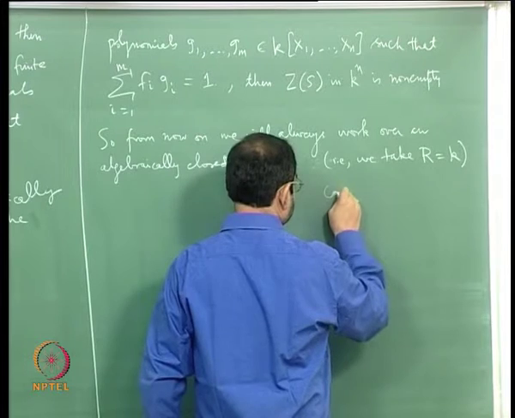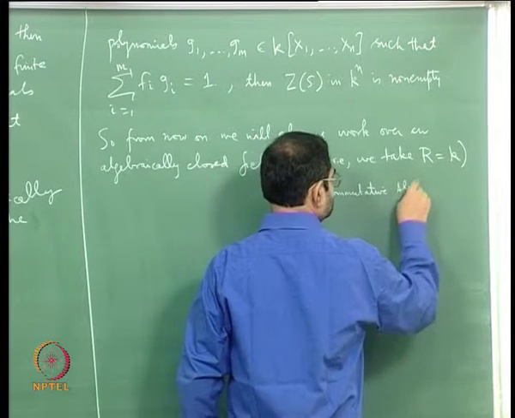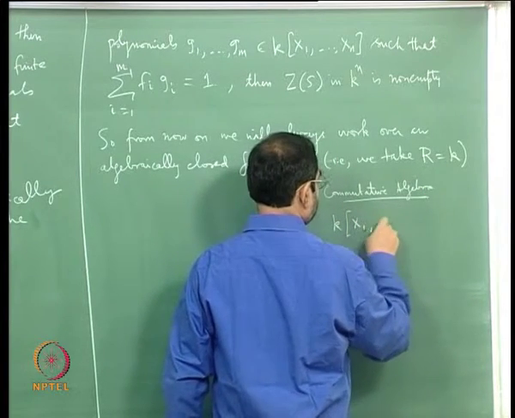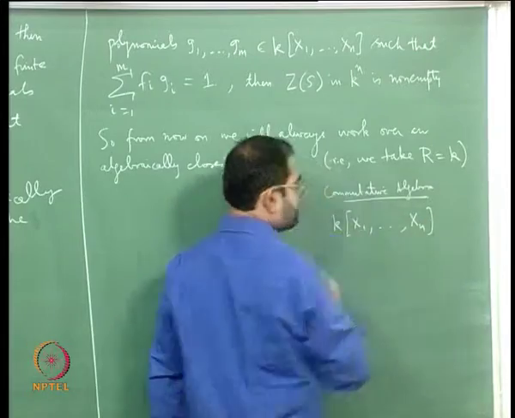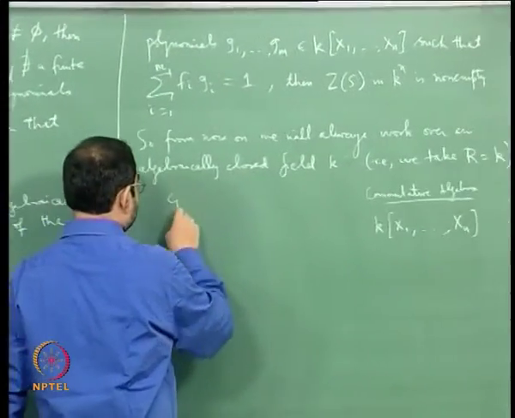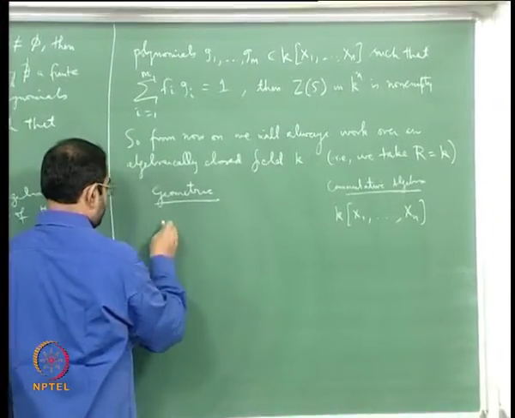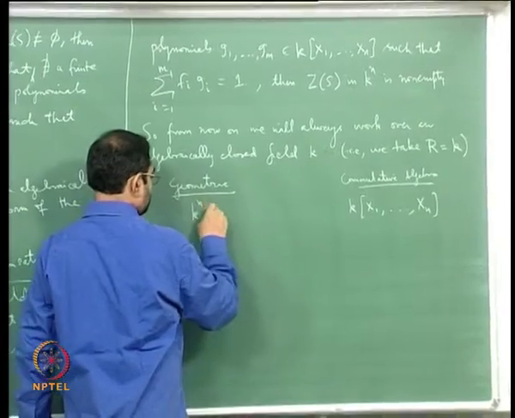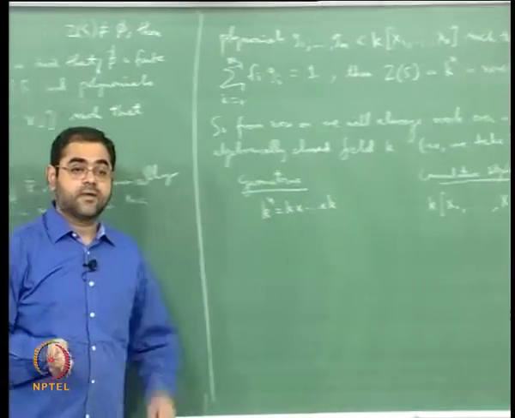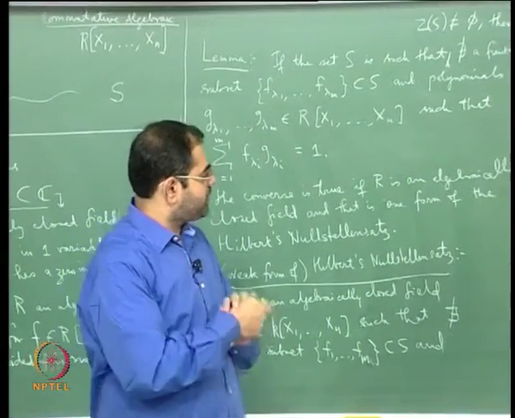On the commutative algebra side, we have K[x1, ..., xn], the polynomial ring in n variables, and on the geometric side we have K^n, which is K cross K cross K, n times. Now, how do you think of K^n?